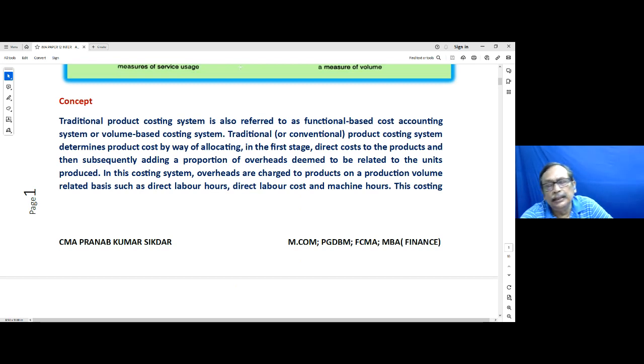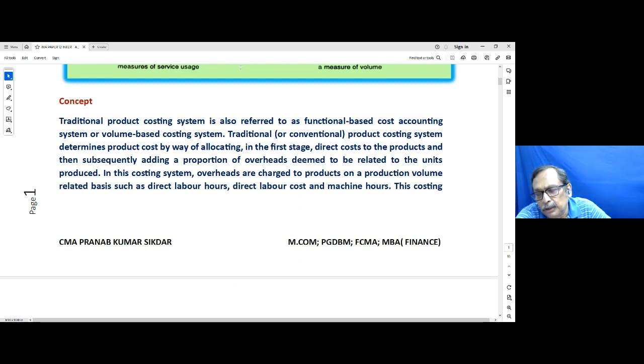So the traditional or conventional product costing system determines product cost by first allocating direct costs to the products. Obviously, direct material, direct labor and direct expenses are charged directly to the products or cost objects, and overheads we apportion between production and service departments.